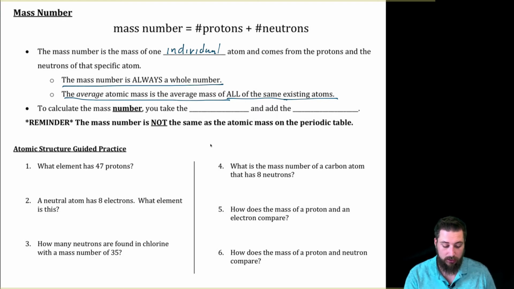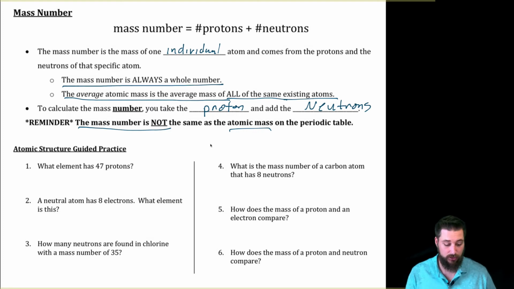So to calculate the mass number, again, you take the protons and you add the neutrons. Again, reminder, this is like the fourth time I'm saying this, the mass number is not the same as the atomic mass on the periodic table.